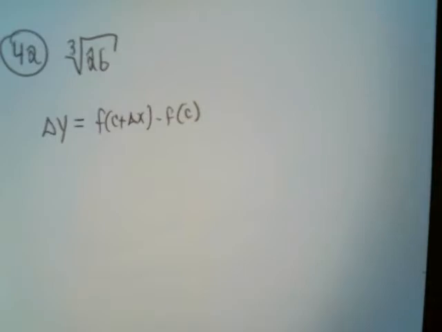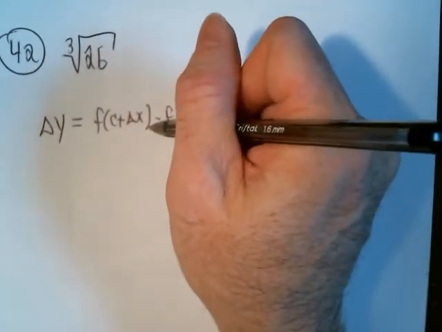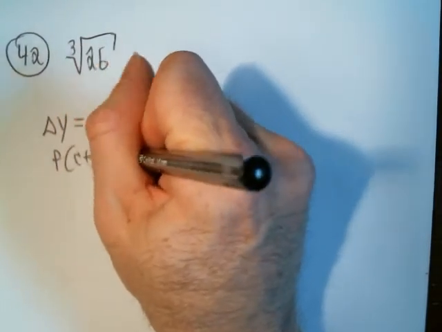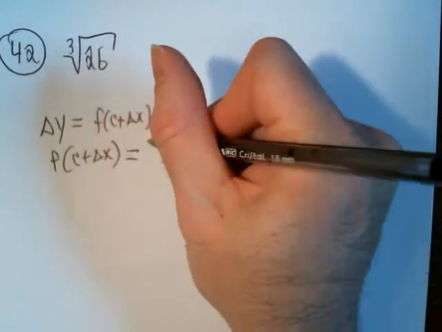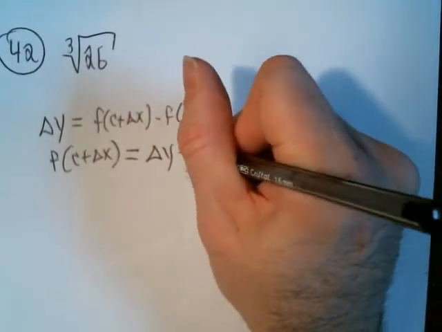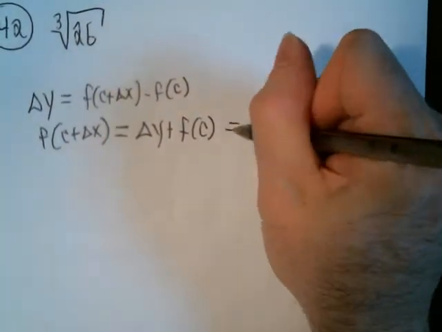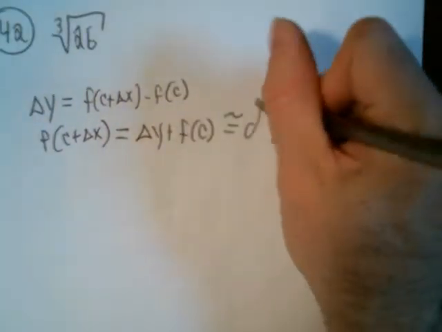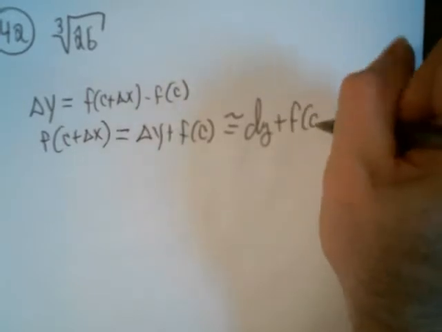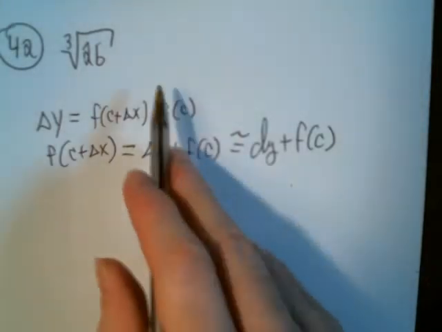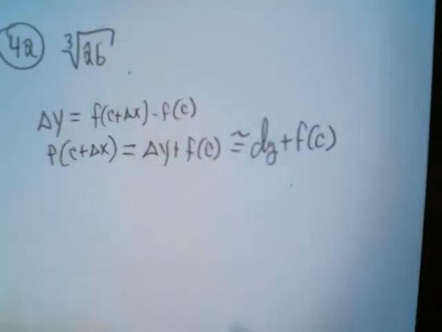So I can rewrite this: f of c plus change in x equals change in y plus f of c. And then we can approximate that using the differential, so dy plus f of c. Okay, so this is the concept that we're going to apply to this problem here.